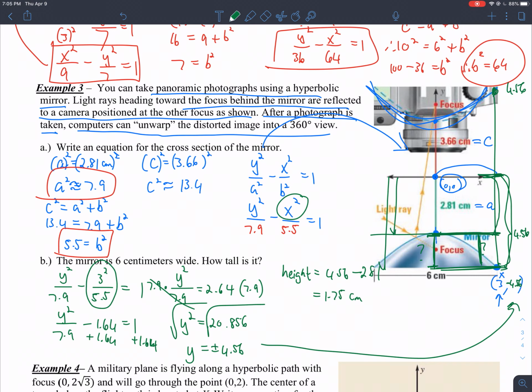So what we're saying is from here to here is 1.75, because from here to here is 4.56, and then 1.75 plus 2.81 will give me 4.56. So this is the answer. How tall is the mirror? That's a very tricky question.